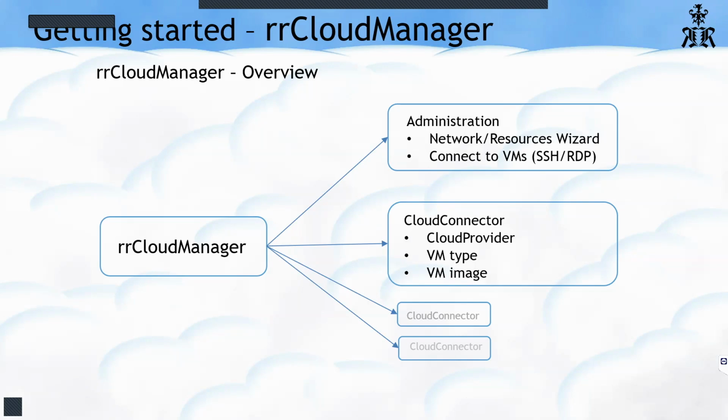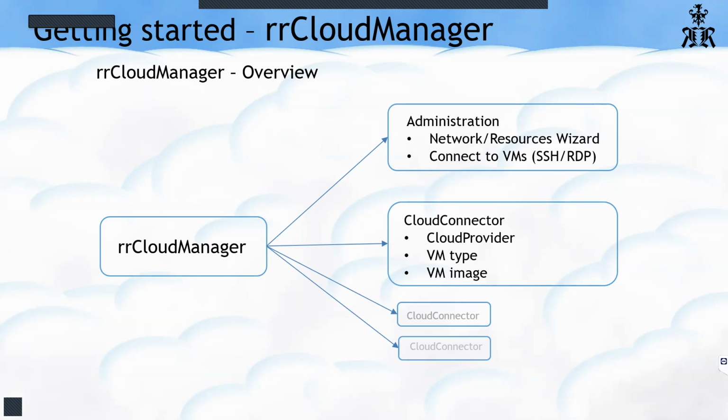And you cannot only have one cloud connector, you can also have multiple cloud connectors. Why would you want to have that? The reason is just versatility. You can, for example, have one cloud connector that only has Windows machines with GPU support, and then you might want to have another cloud connector that has just CPU-enabled VM types, and so on and so forth.